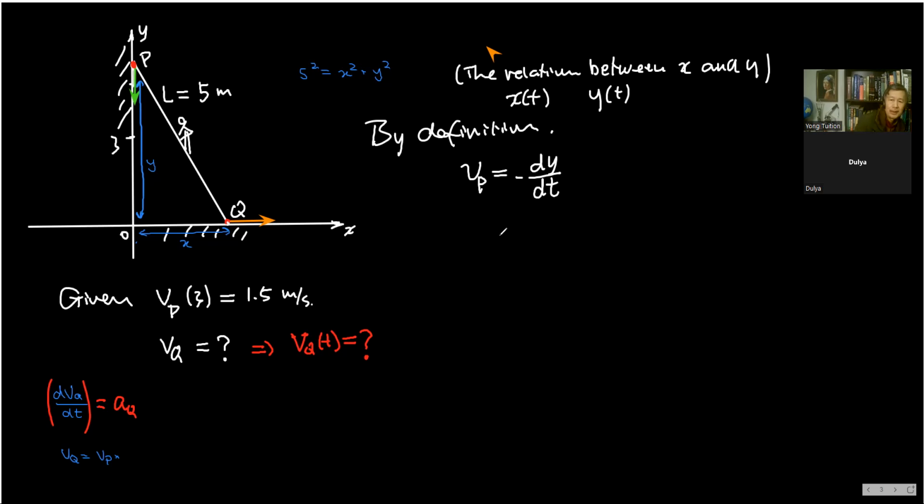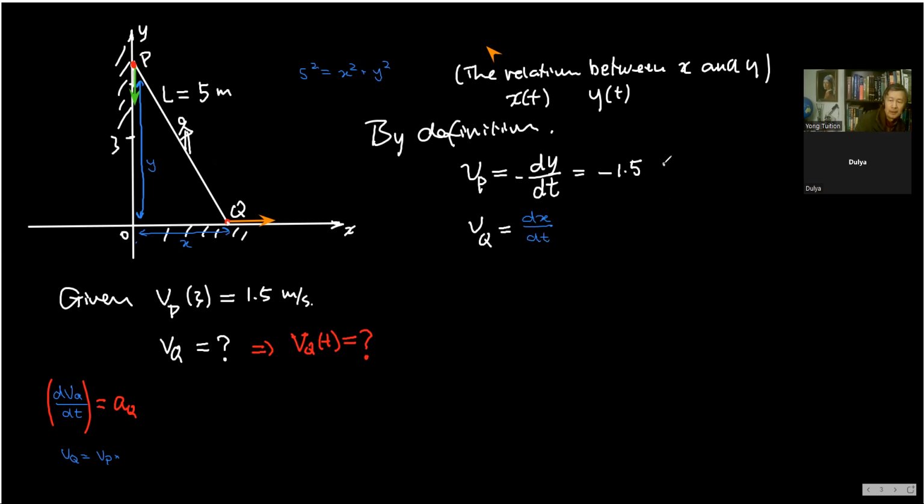What is VQ? It is dx dt. You can solve it now. This is given: downward is negative 1.5 meters per second.